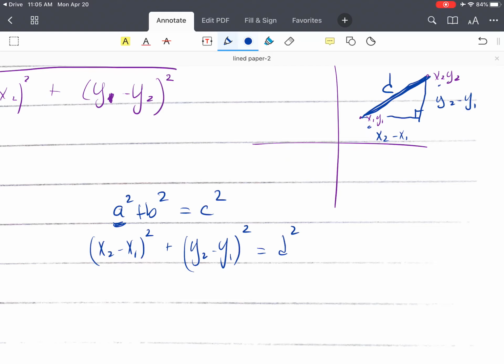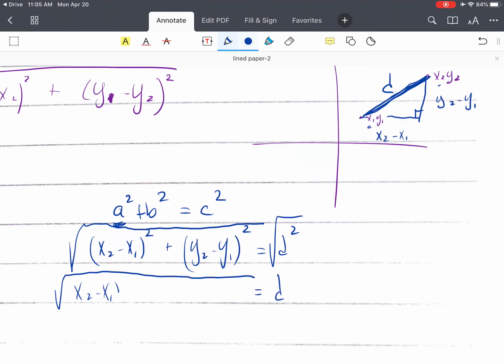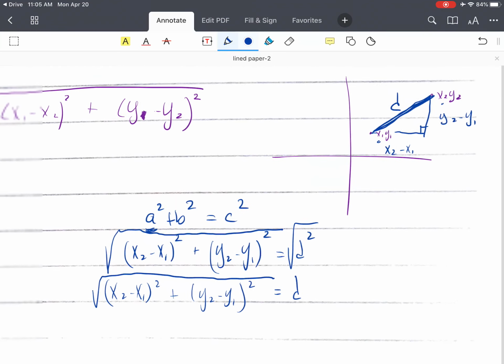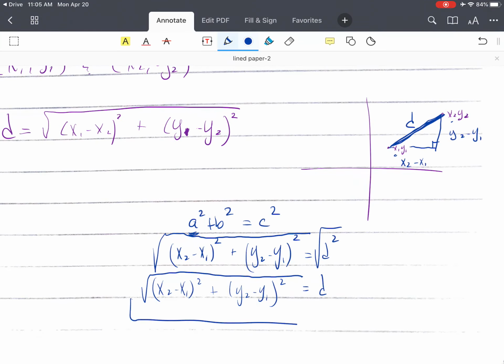Now we're trying to solve for d. What's the opposite of squaring? Square rooting. We're just taking the root of both sides. So now we get d is equal to the square root of x2 minus x1 squared plus y2 minus y1 squared.